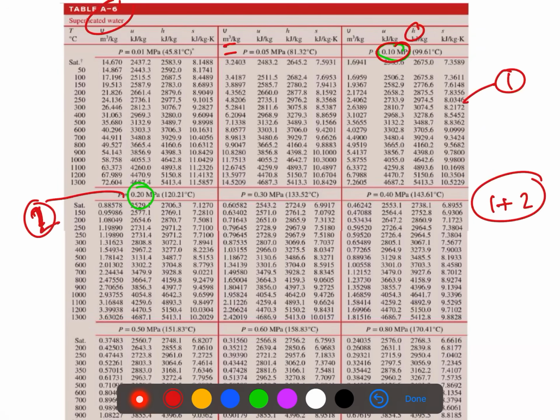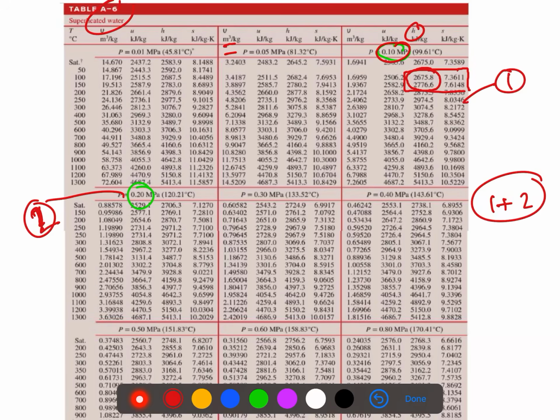It should be somewhere in between these two values, right? Look at these two: this is 2676.2 and this is 2776.6. So now we will use these two values.